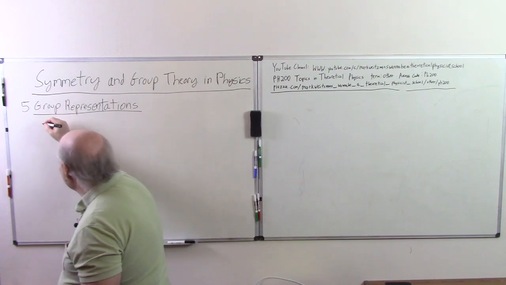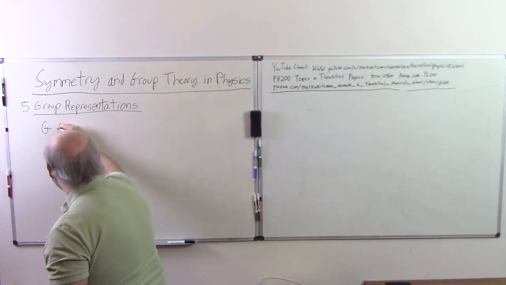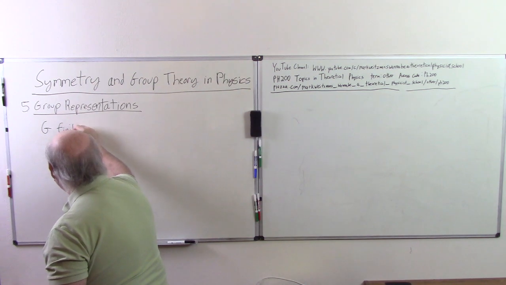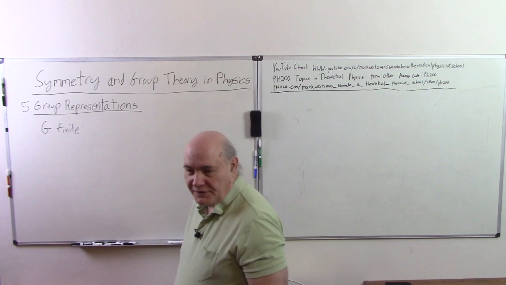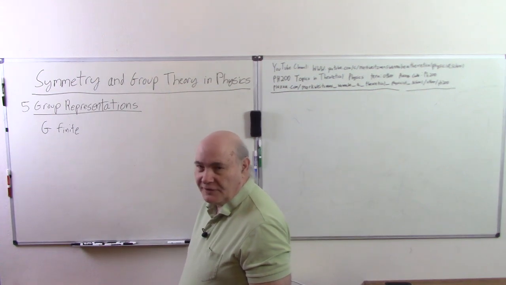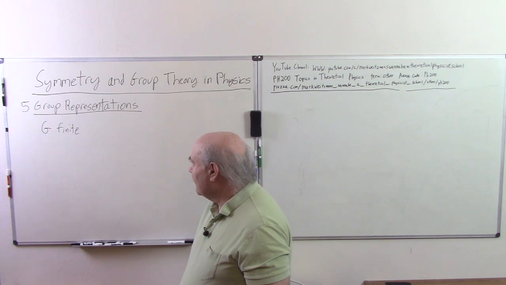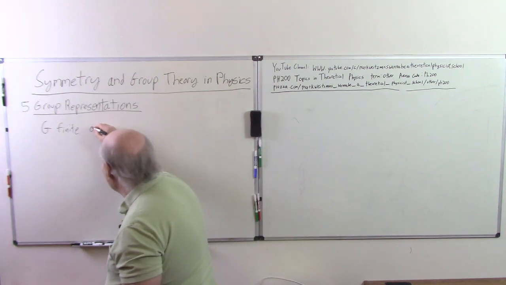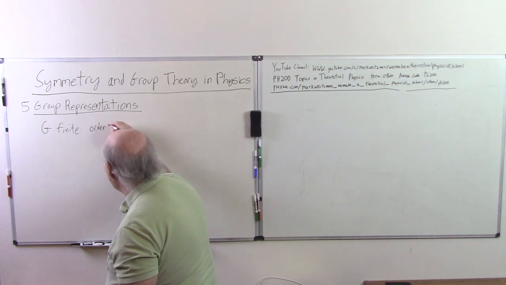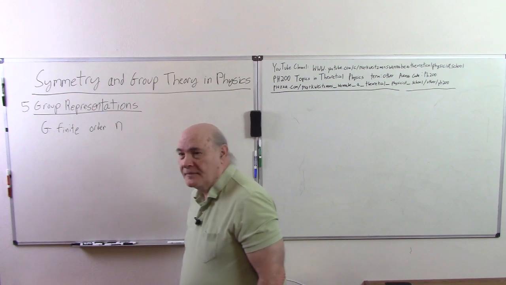So let's say we have a group G. Let's say it's finite for now. When we get infinite groups, we also have representations, but they're a little bit harder to handle. So we want to handle just a finite group G. Let's say it has order n, so it has n elements.